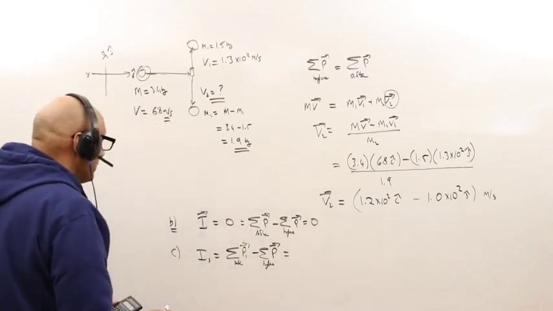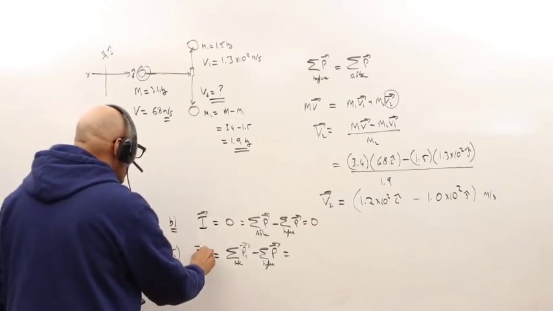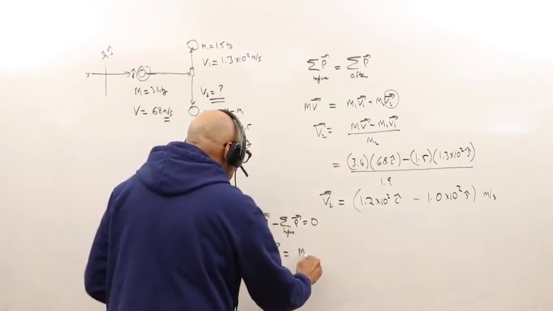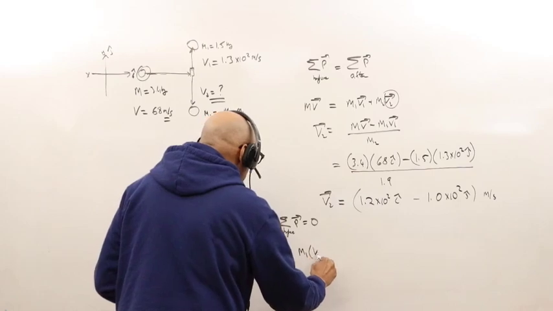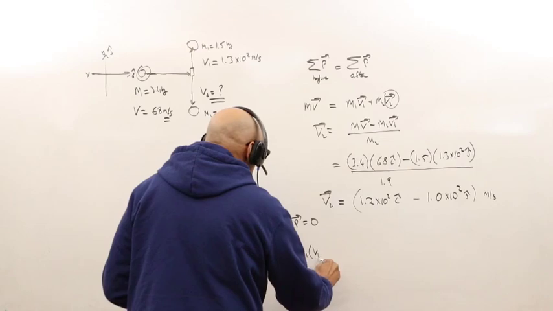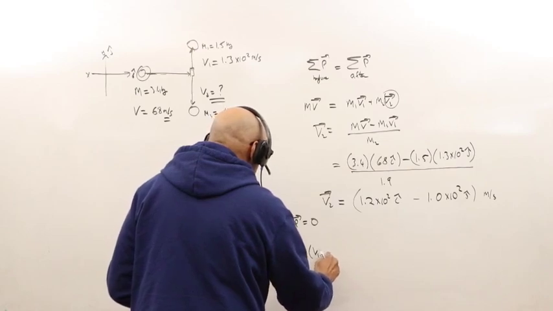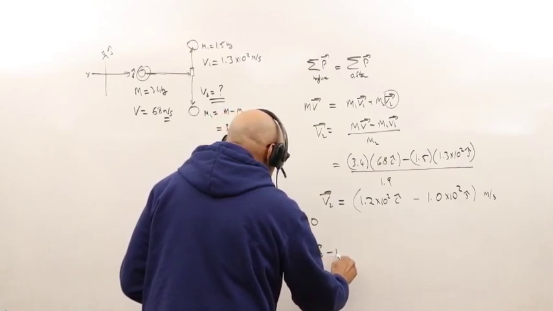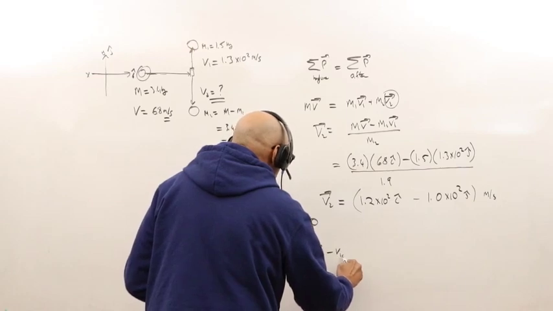That's the total impulse acting on the object. And that's equal to m1 times v1 final, 1f, minus v1 initial.